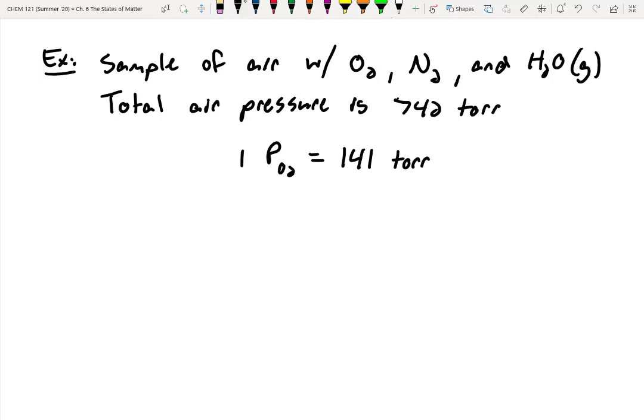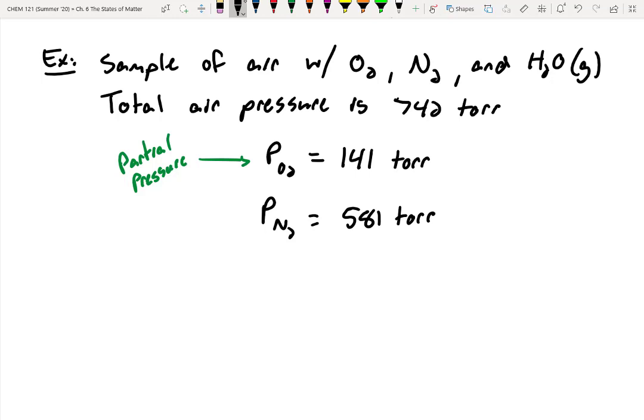In fact, we're just going to abbreviate that as PO2, as partial pressure, right? So we'll just say, as a note, partial pressure. All right, we could do the same thing with nitrogen. And nitrogen could be measured at 581 torr. However, this chemist might be trying to figure out, well, if we know that, what's the partial pressure of water?